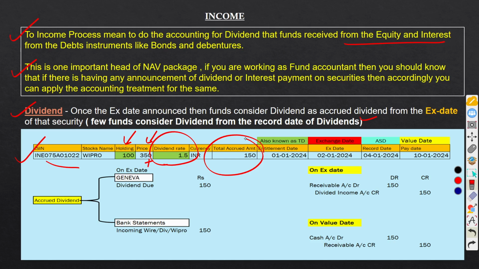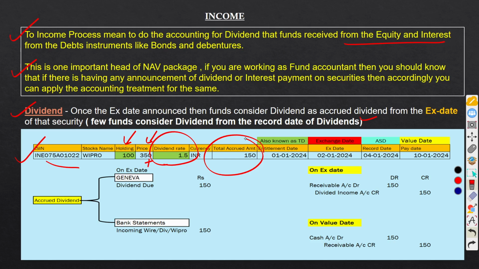Otherwise, the dividend will go to the seller. If on the X date the seller sold the securities and the buyer purchased them, then the seller will receive the dividends, and that's why it is important to check whether the fund is holding securities on the X date or not.